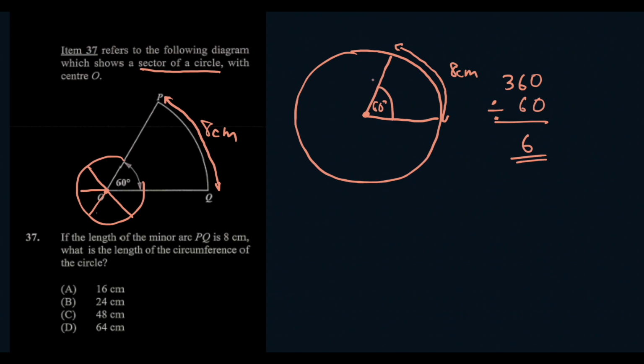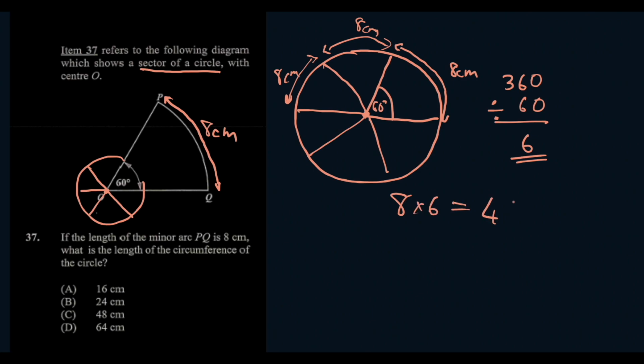So we have 6 pieces with length 8 each. So 8 here, 8 here, 8 here, and so forth, so we'll essentially be saying that 8 times 6 is the answer, which is 48 centimeters.